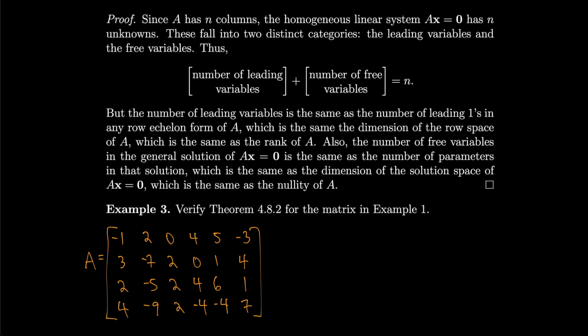And as we saw before, the rank of A was equal to 2, so if we add it to the nullity of A, we get 6.